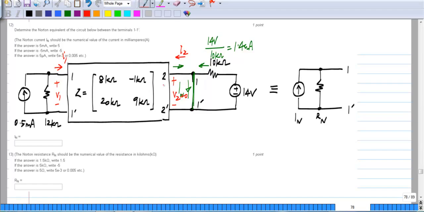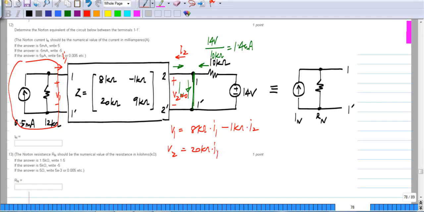I'll do it in the straightforward way. So we will write out the two port equations first. V1 is 8 kilo ohm times I1 minus 1 kilo ohm times I2, and V2 is 20 kilo ohm times I1 plus 9 kilo ohm times I2.